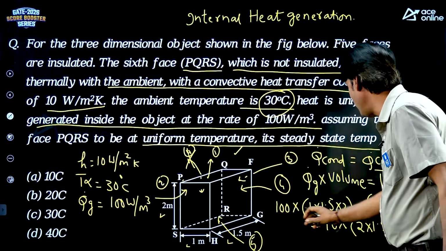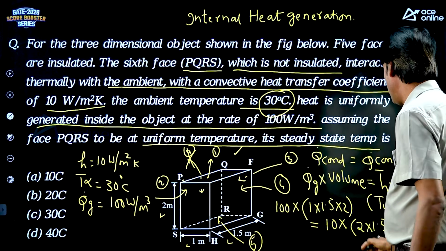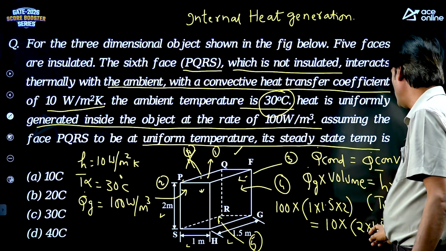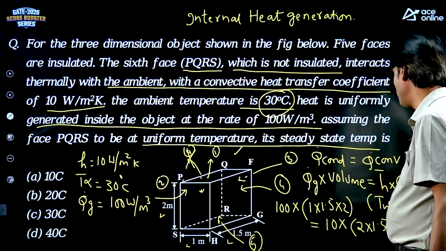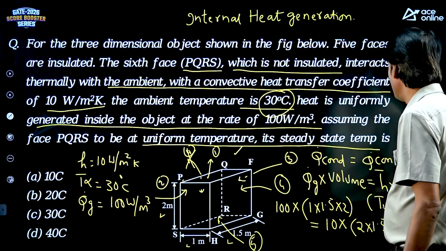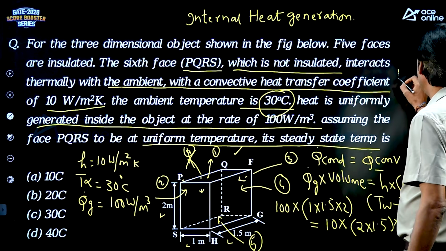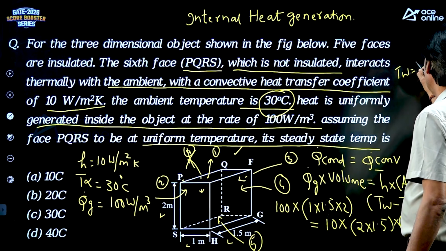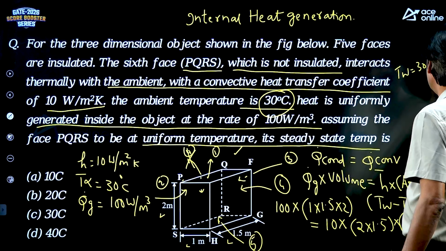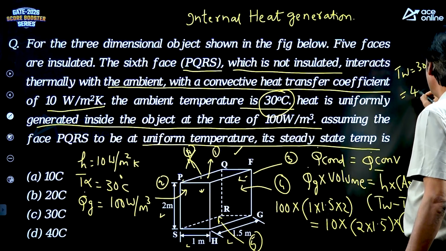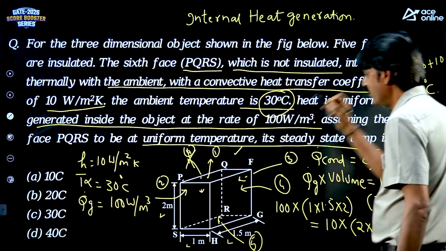So, this is 100 into 3, 300, divided by 10 into 3, 30. 300 divided by 30 is 10. So, wall temperature is 30 plus 10, which comes out to be 40 degrees centigrade.